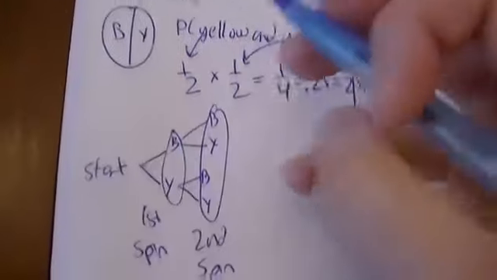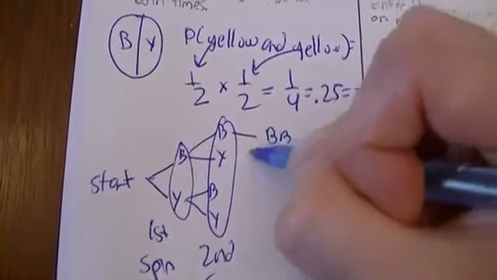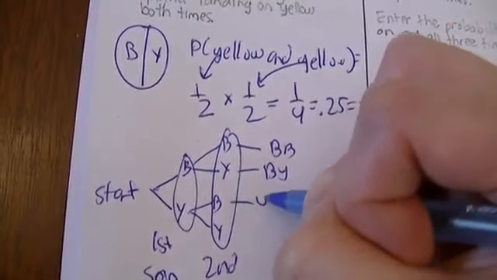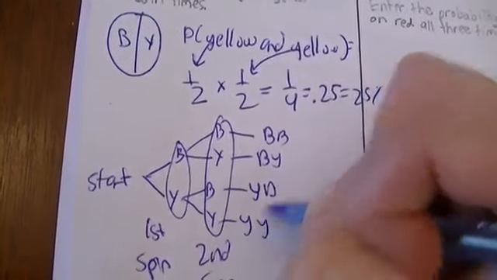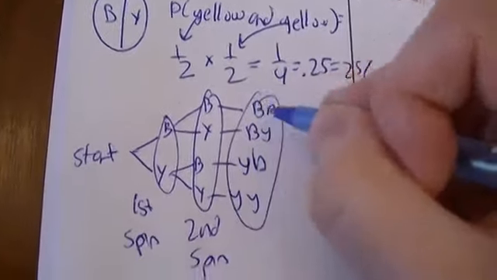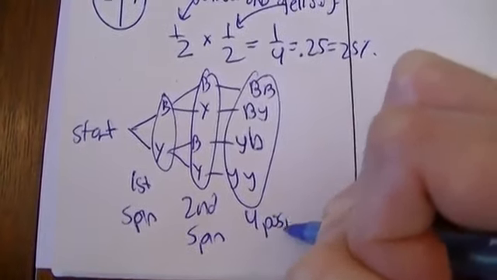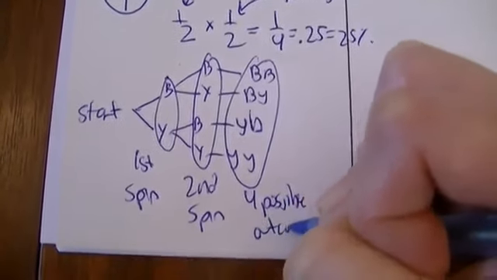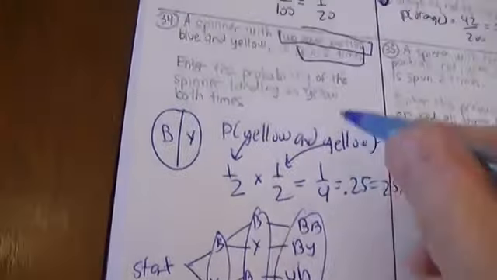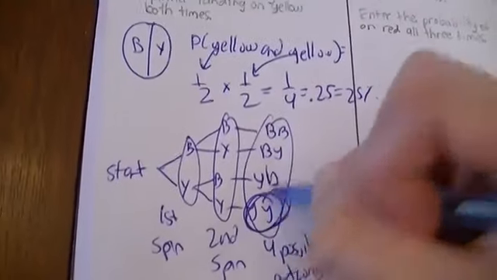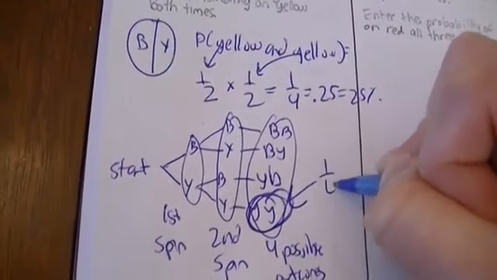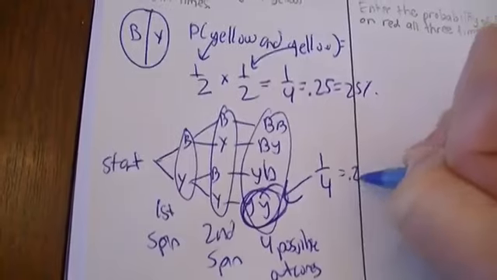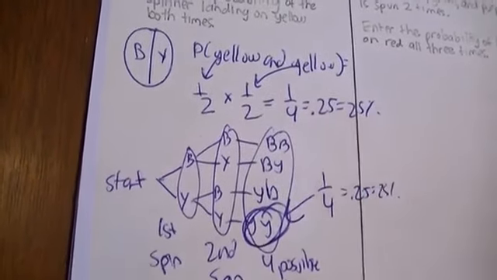We only spun it twice, so your outcomes are blue-blue, blue-yellow, yellow-blue, and yellow-yellow. So this is our 4 possible outcomes. And we're looking for yellow and yellow. There it is. It's 1/4, which is 25/100, which is 25%.